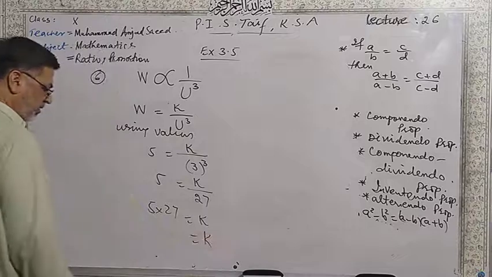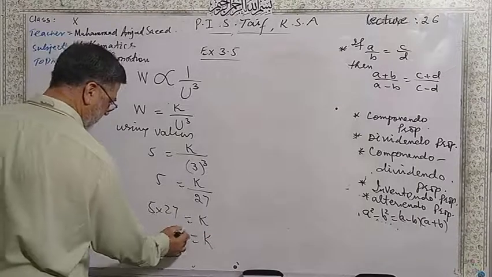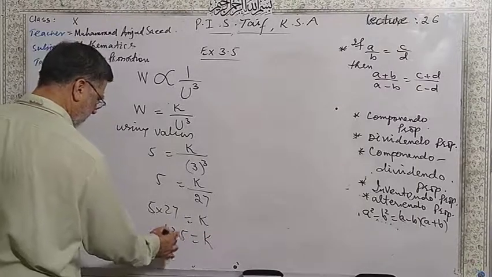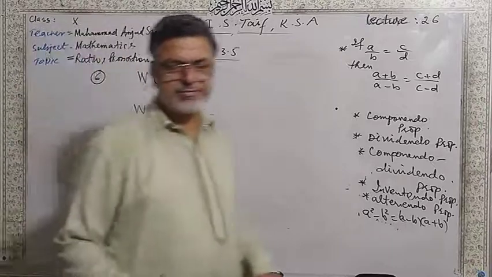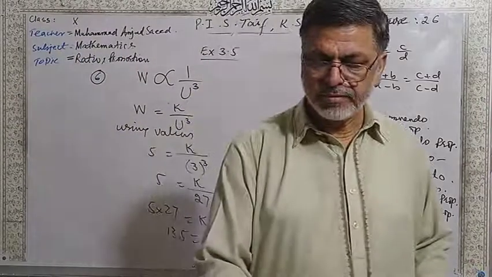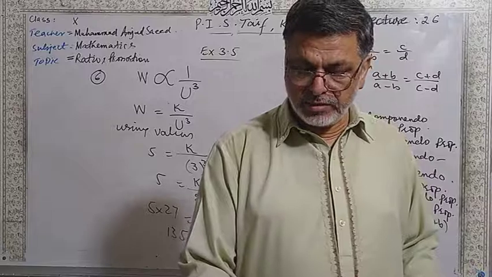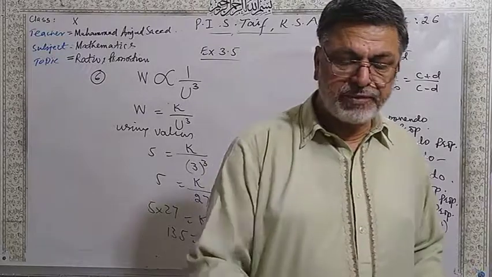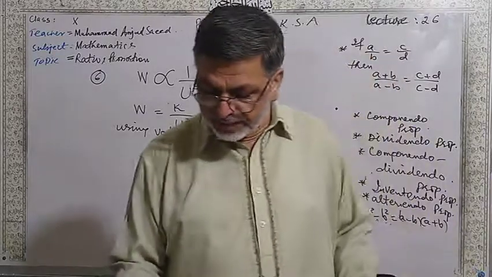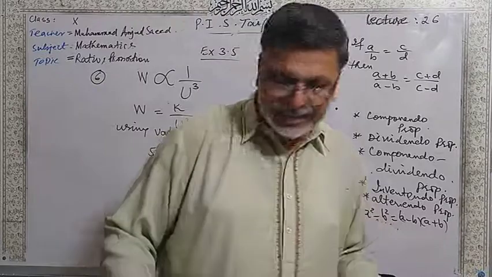K is equal to 135. After that, find W if U is 6.